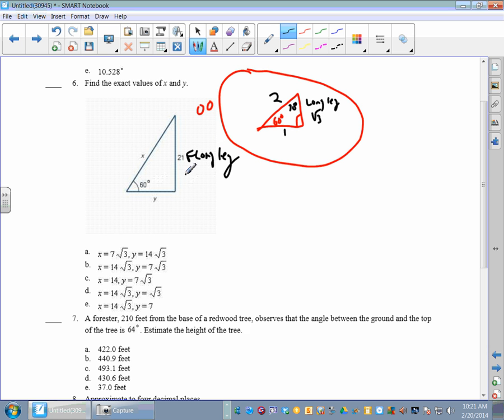So there's 2 ways to find this. 1, you can use your reference triangle, or 2, you can whip out the big tangent, 21 over y, and figure it out like that. So there's 2 approaches. Using a tangent or using a reference triangle. Makes no difference to me.